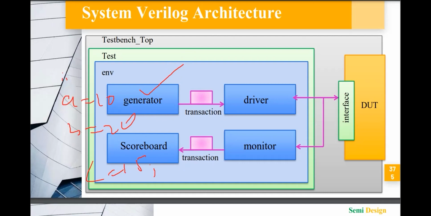But as we are using constraint based random verification, within the generator it automatically randomizes the values by using the randomize method. Whatever randomized values are there within the generator, we send to the driver. The driver is a class, the generator is also a class. By using the driver we send those randomized values to the DUT.